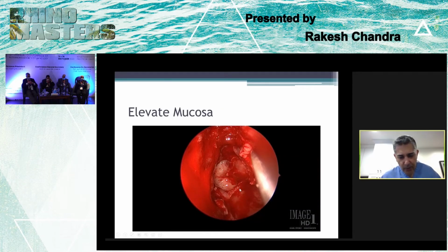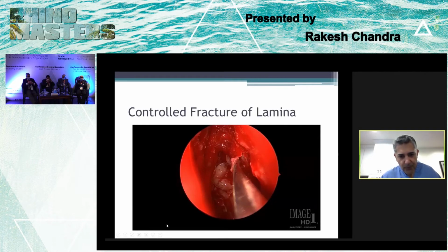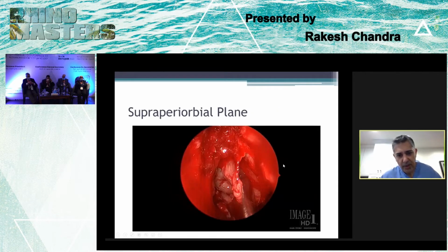In this kind of case, I'm showing you in a real patient what some of those steps look like. Here, on the left side, we've done the ethmoidectomy, and the maxillary ostium is open there. In this case, I elevated the mucosa and also incised the lamina in one step, and we put that Freer elevator in the space between the lamina, where we're going to fracture it, and the periorbita.